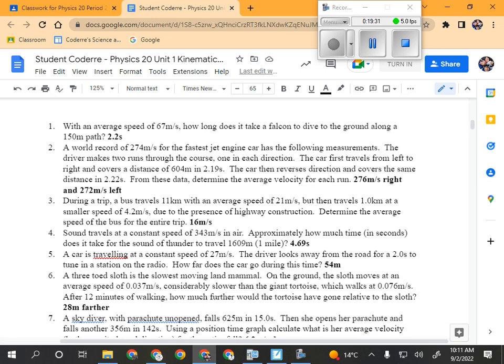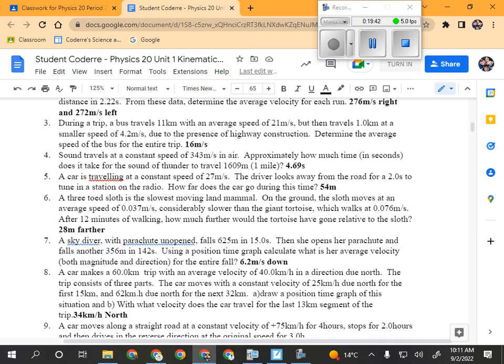I think all of these ones are scalar on this first page. Okay, let's have you guys just do number 3, number 7, and number 8 for now.